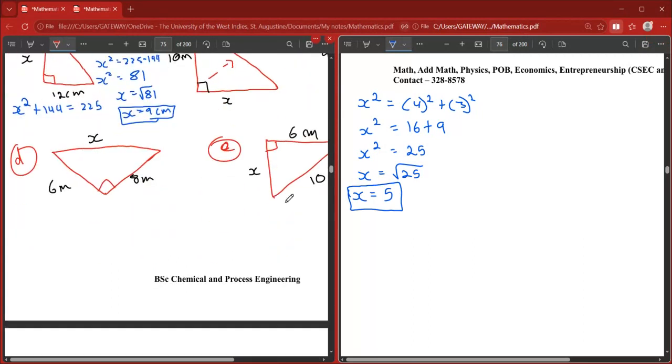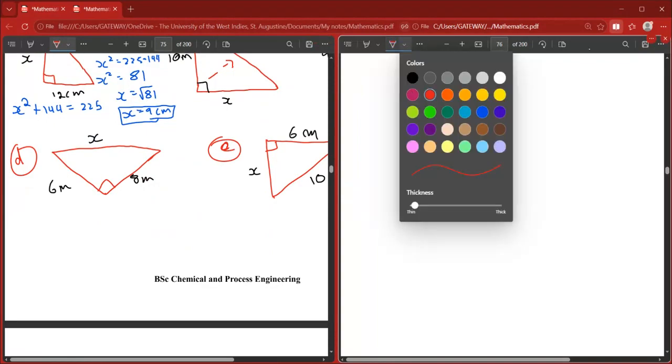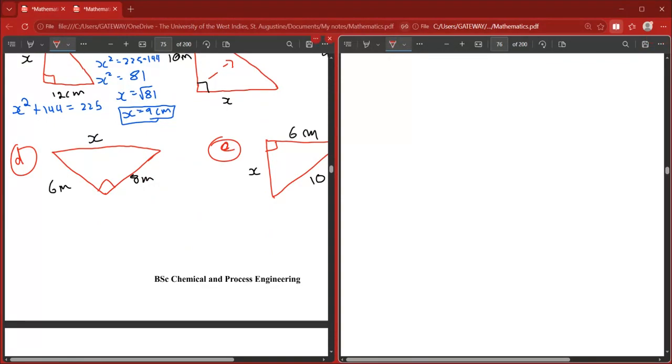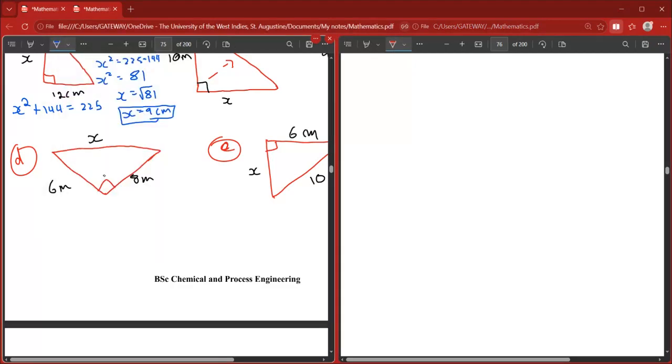Nice. So now part D. The side opposite in this triangle will be x, because this is opposite the 90-degree angle, so this is called the hypotenuse.